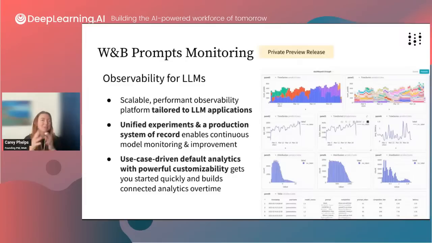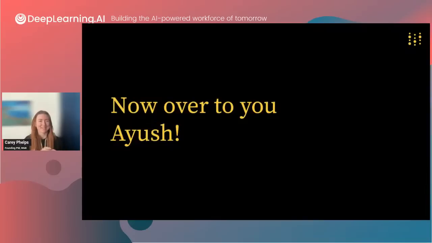And so this observability tool is this new component of our prompts platform that we're really excited to have now in private preview. And so this is the next step beyond iterating on your prompts and experimenting with what would work well, is monitoring the performance of those models in production. And we'll get into more of the details of what's interesting in our LLM tooling here with Ayush up next. So I'm excited to pass it over to Ayush.